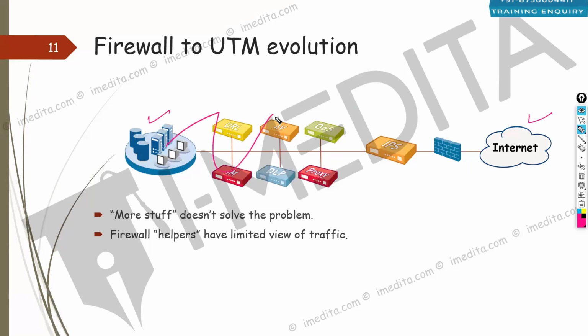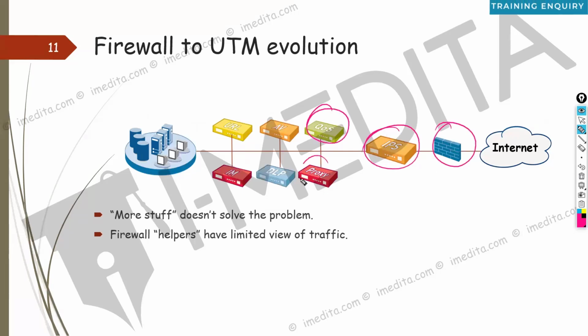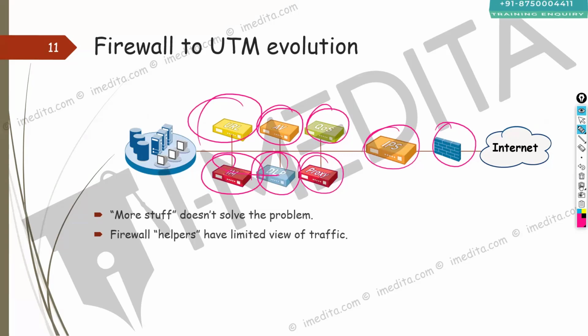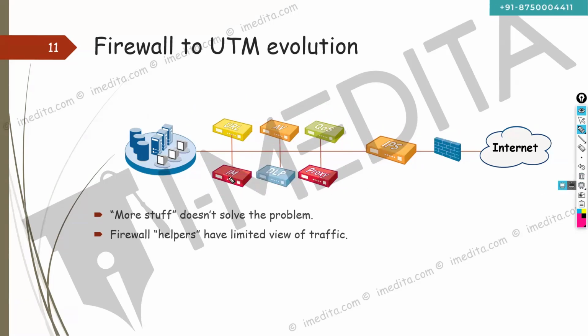We have a lot of devices which forward the traffic from your LAN to the internet. Like we have to use a firewall, IPS, quality of service, proxy server, antivirus, data loss prevention, URL filtering, etc. So lots of devices were used in the past to secure your network.